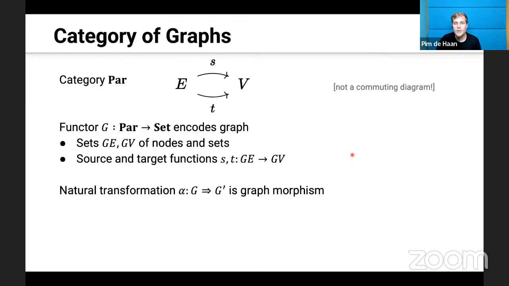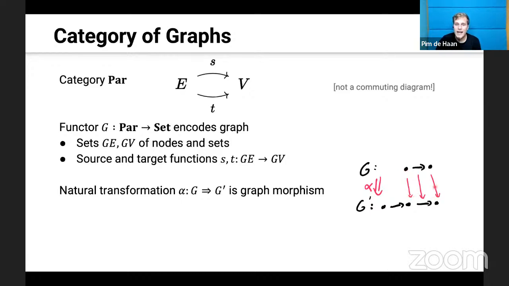And what is so interesting about this is that now we can just say what is a natural transformation between two such functors from this category to the category of sets. And this corresponds exactly to a graph morphism, because we map the set of edges of G to the set of edges of G prime, and the set of nodes of G to the set of nodes of G prime.